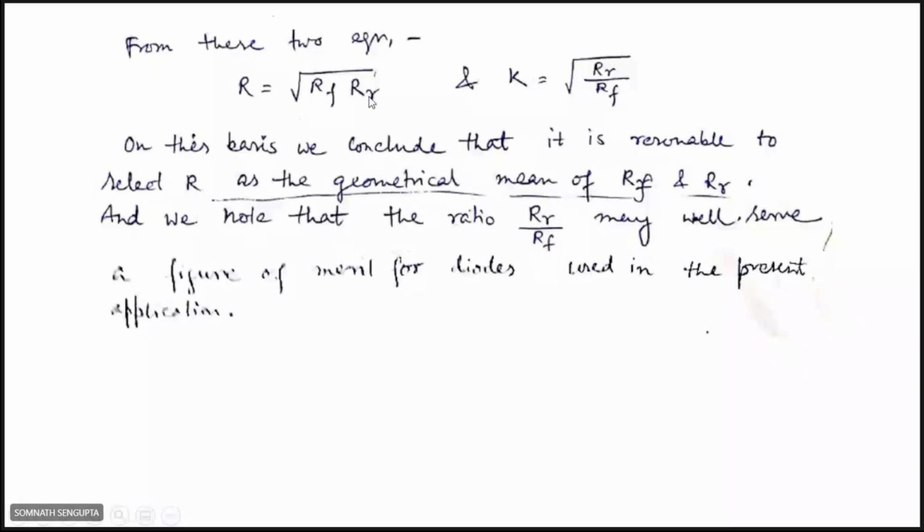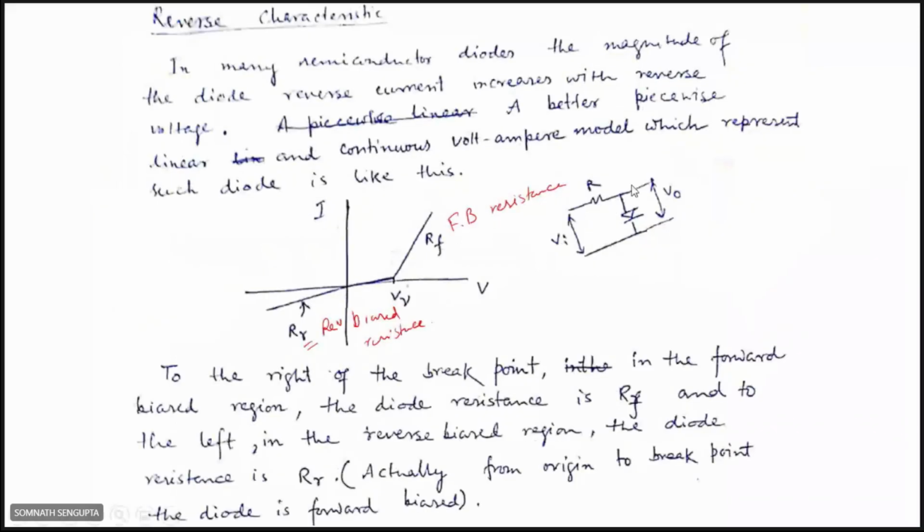That is the geometrical mean. So it is reasonable to select R as the geometrical mean of RF and RR. This is another issue, what value you should choose for the resistance that is used for the clipper circuit.